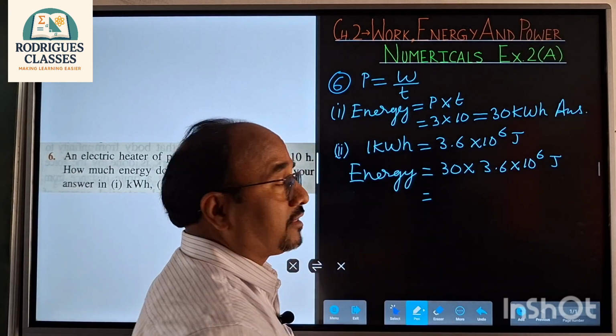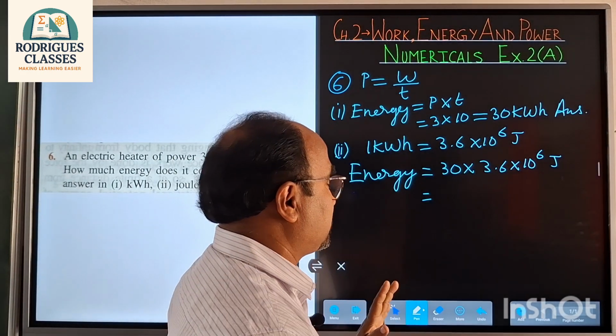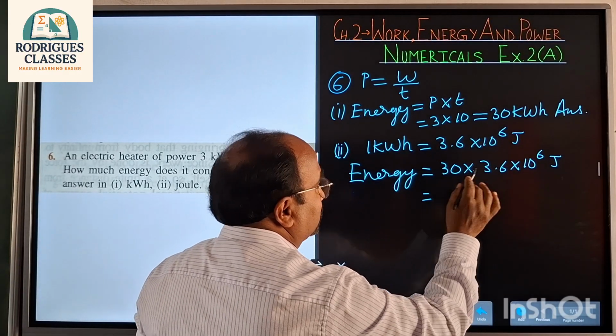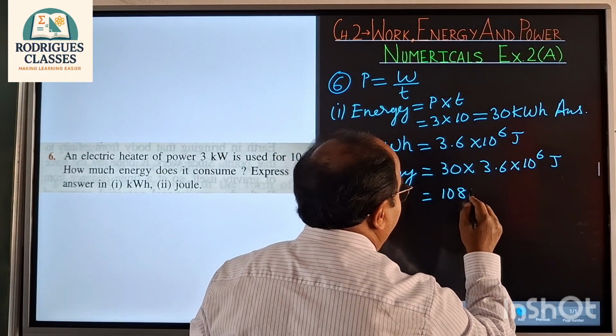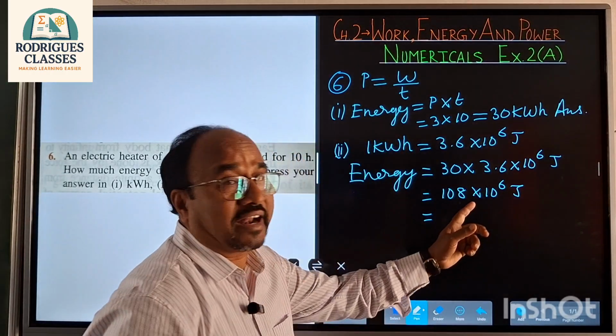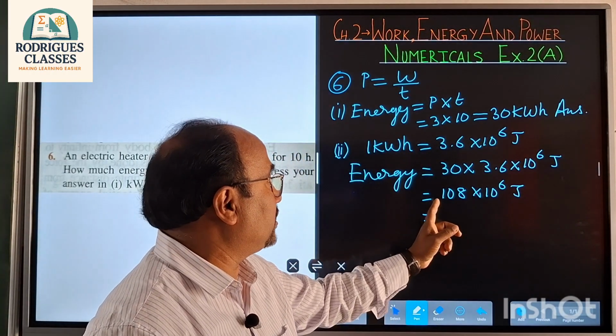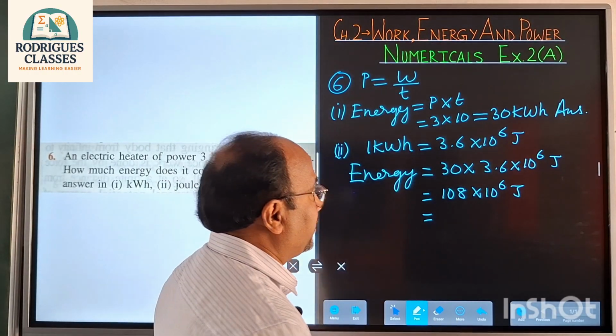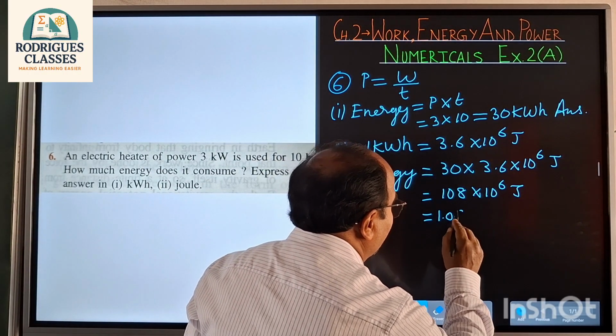If I multiply 30 and 3.6, this will remove the 0 here. So 3 into 36 will give me 108 into 10 to the power 6 joule. Because we are writing in scientific notation, remember the decimal should be after the first digit. So I need to bring it to 1.08.